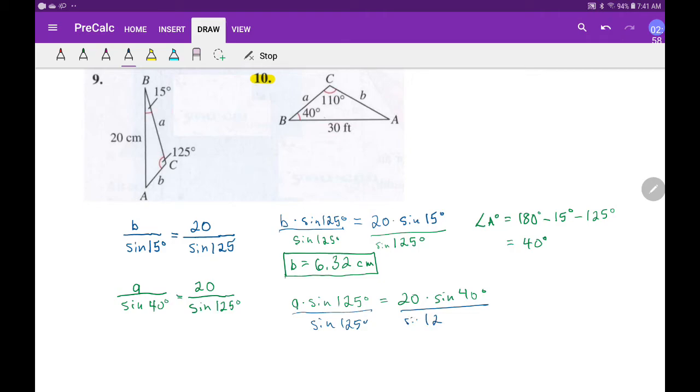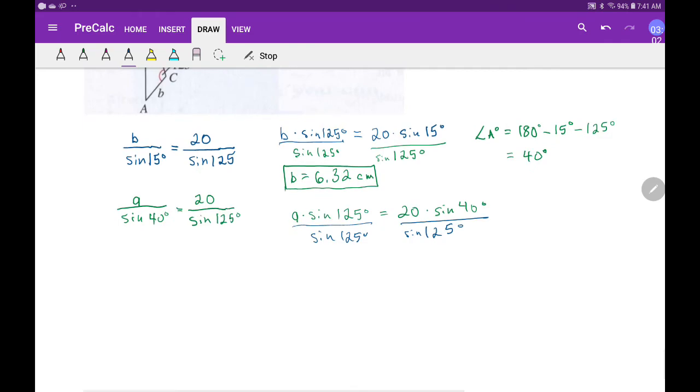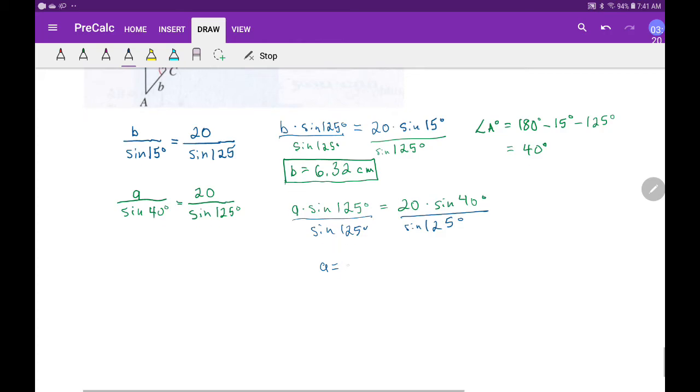And let's see, what do I get? Sine of 40, it's bound to be about half, a little bit more, times 20, which is about 12 and 9.9, divided by the sine of 125, and I get 15 point, we'll say 69.